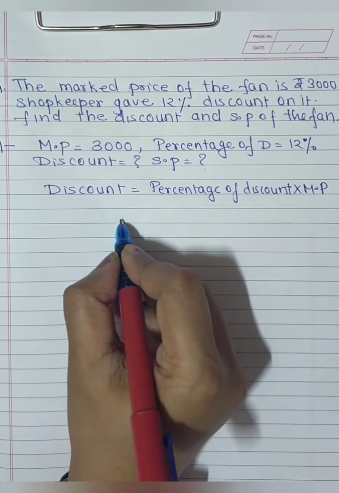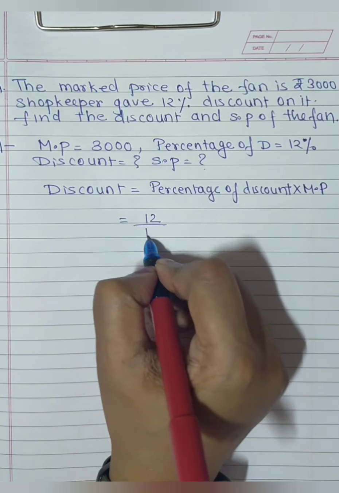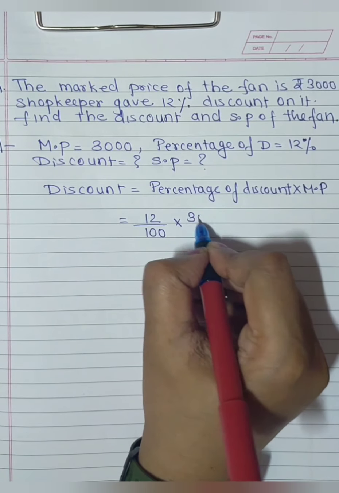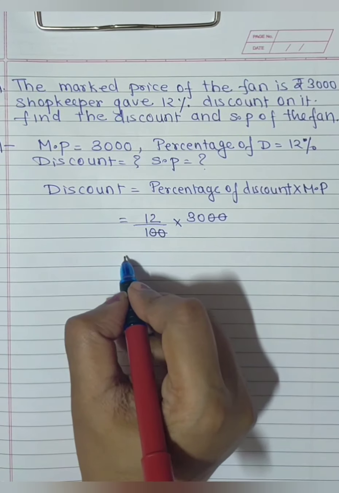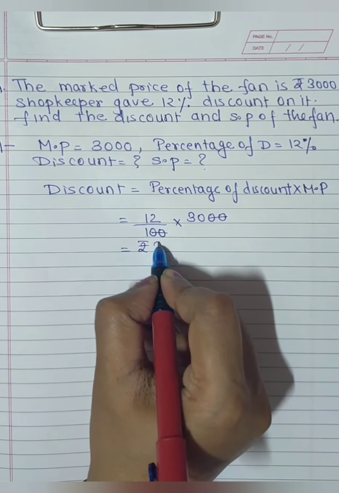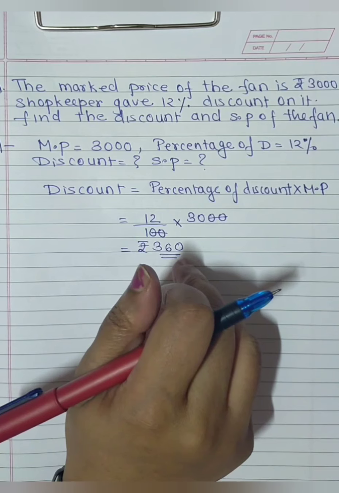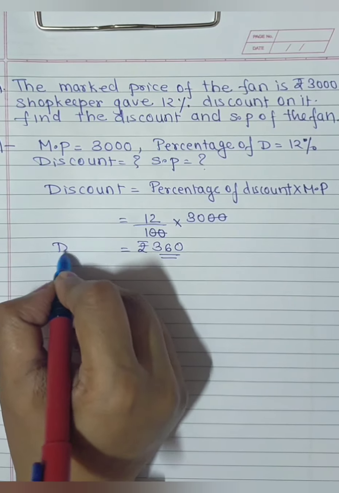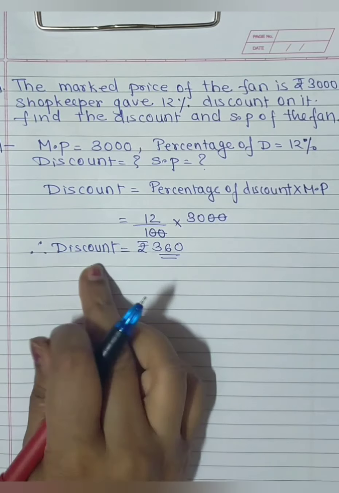Now here we'll take percentage of discount as 12 upon 100 and MP is given 3000. This will get cancelled. When we multiply 12 with 30, we'll get rupees 360. Okay, discount is how much? Rupees 360.